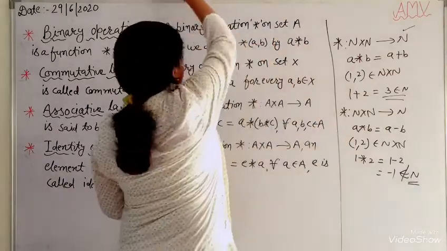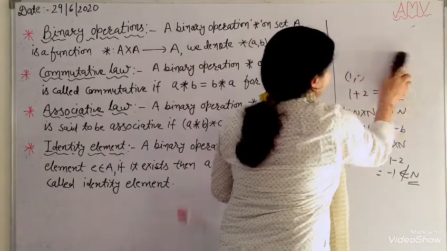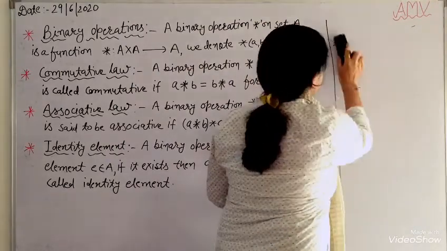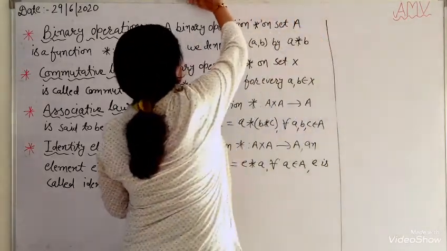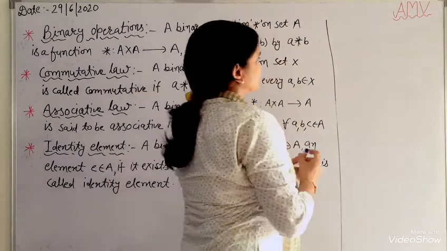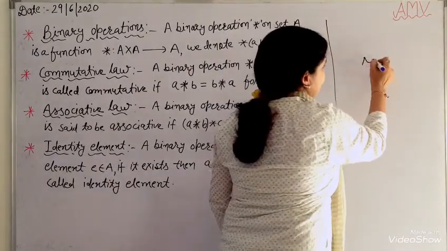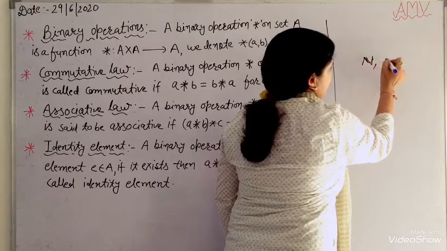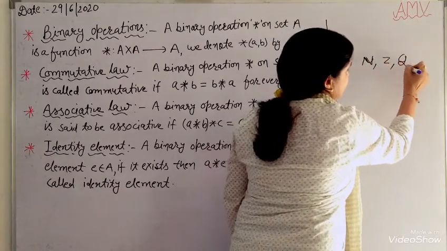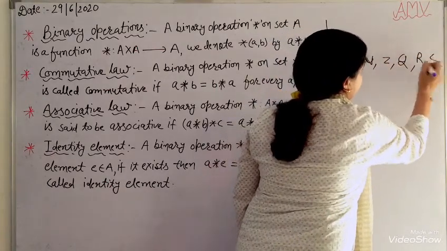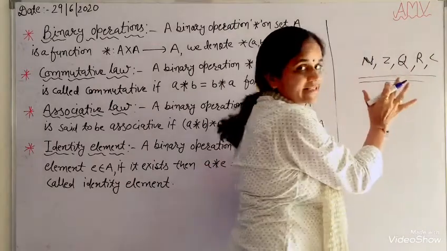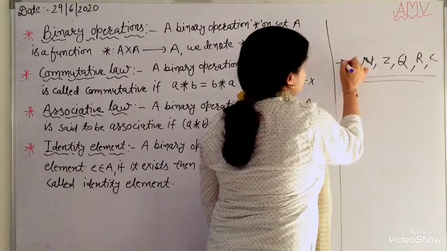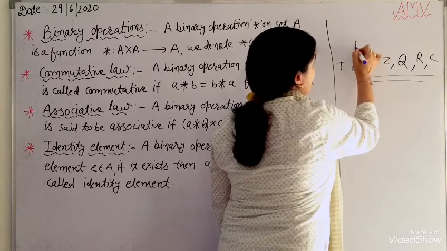Now, if we say that addition is a binary operation, then for the sets of natural numbers N, Z, Q, R and C, for all these sets, addition is a binary operation.